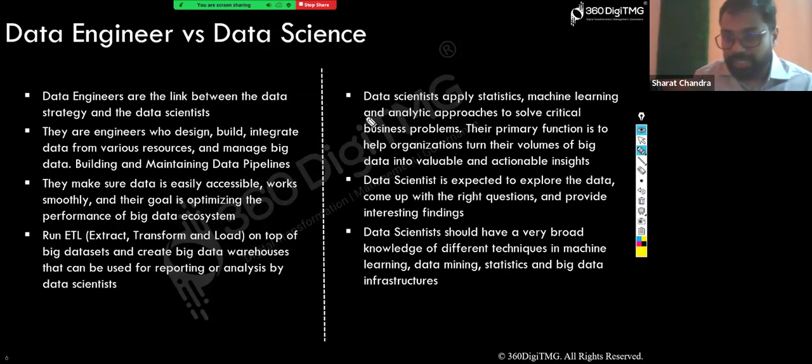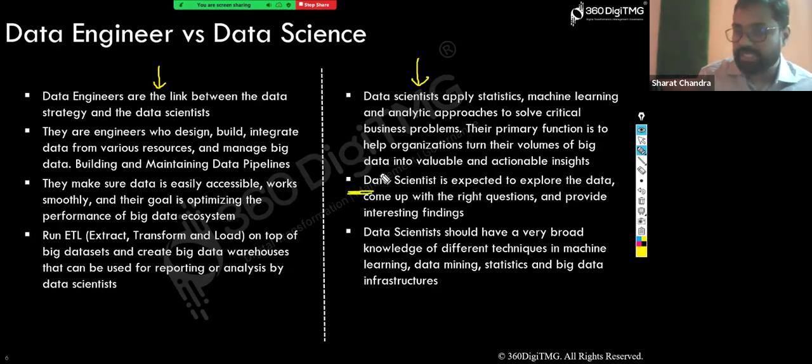All right, so comparison, as I told, these people are more technical in nature, and these people come in the forefront. And because of these data engineers, data is being made available for the remaining teams like data scientist teams.